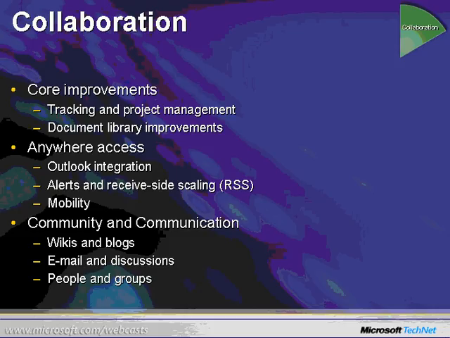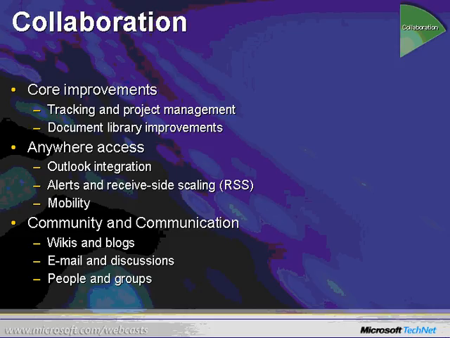We also have RSS support for every list in SharePoint. So any list that you have, and you'll see through the demonstration that there are many different types of lists, you can have alerts and you can have RSS very easily. The last thing I'd like to pivot on in this section is community and communication.